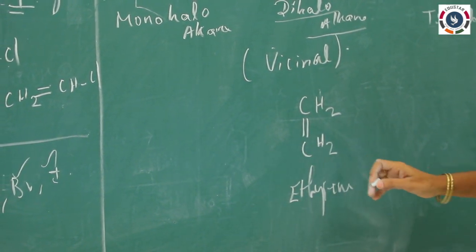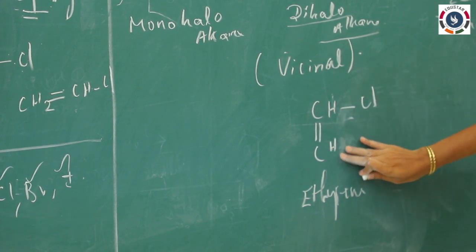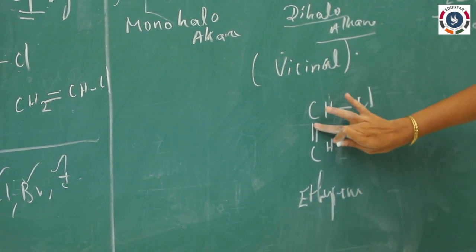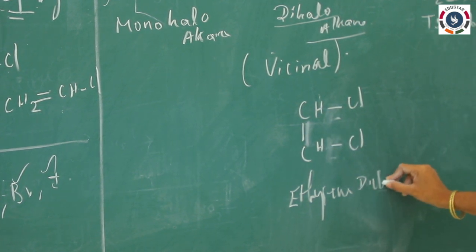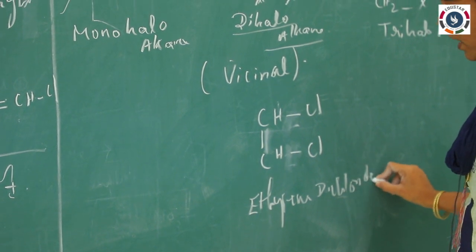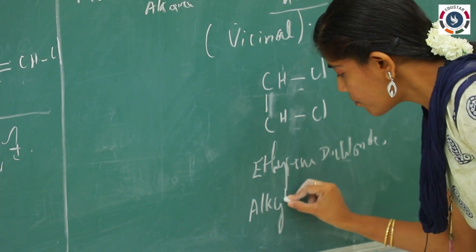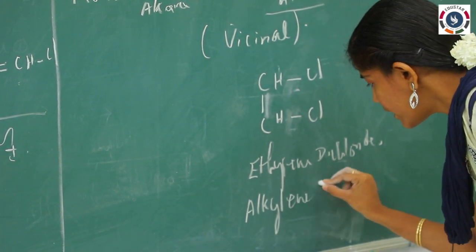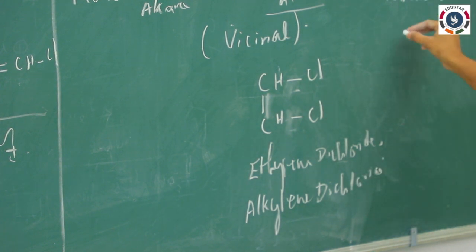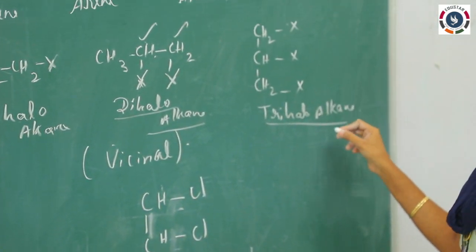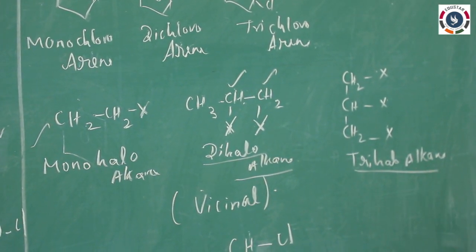If I replace one of the hydrogen atoms by chlorine and another hydrogen atom by chlorine, then this is called ethylene dichloride. We can also have a common name for it, alkaline dichloride. This one is a trihaloalkane. There are 3 substituents in the alkane.